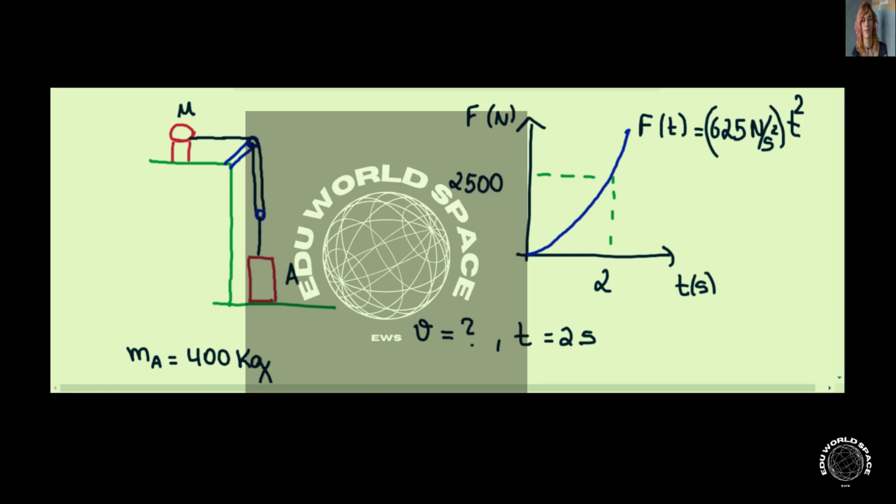Notice that the cable upon which the motor M exerts a force is kind of folded around a pulley, this one here. Okay, and this pulley exerts a certain force over a second cable.